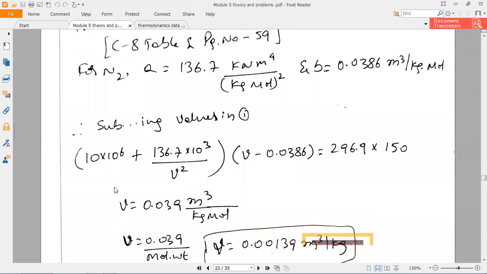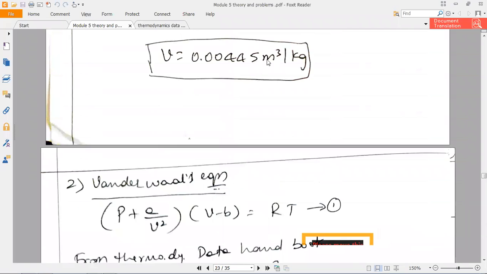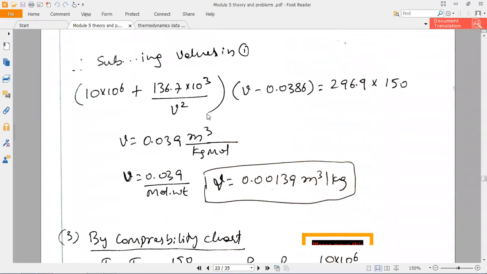See here, one thing: the value you obtained is in kilomole. You have to convert this kilomole into kg. The answer should be in meter cube per kg, so we also convert the specific volume. The specific volume should be in meter cube per kg.